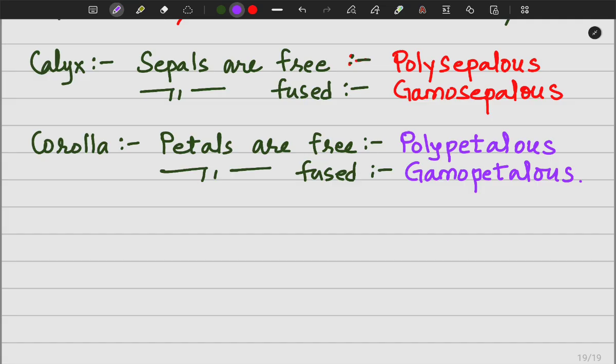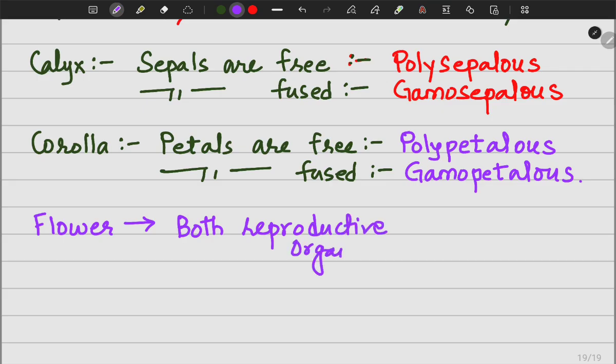Now the flower, we studied that the flower has 4 main whorls. Now some of the flowers may have both the reproductive organs, male and female, while others may have only one reproductive organ, either male or female. So if the flower has both male and female reproductive organs, then that flower is called bisexual flower.